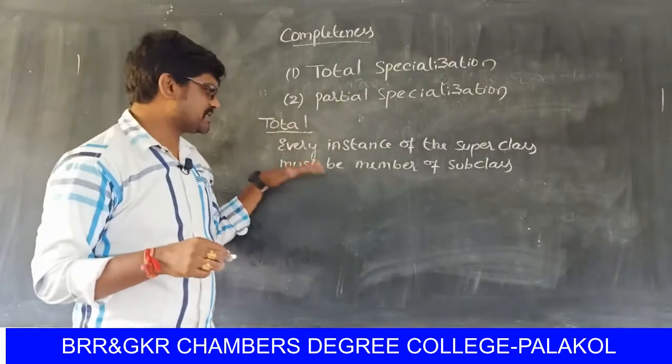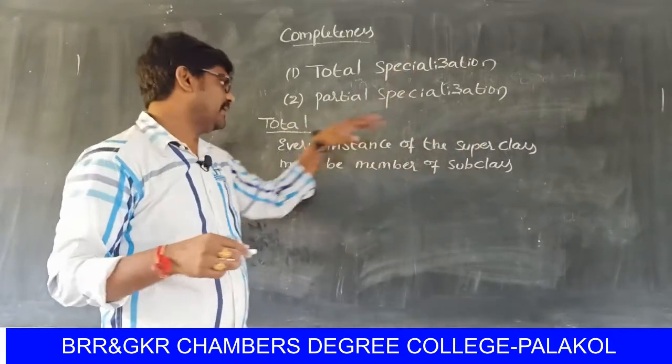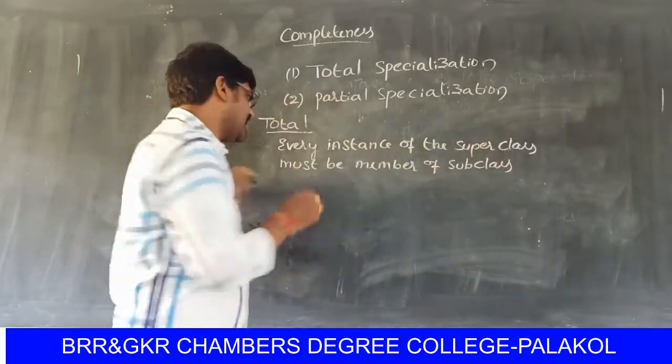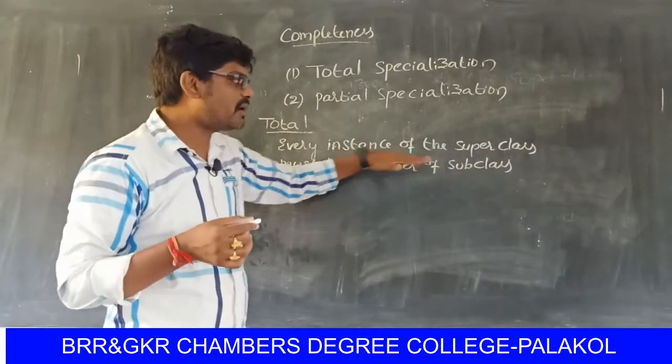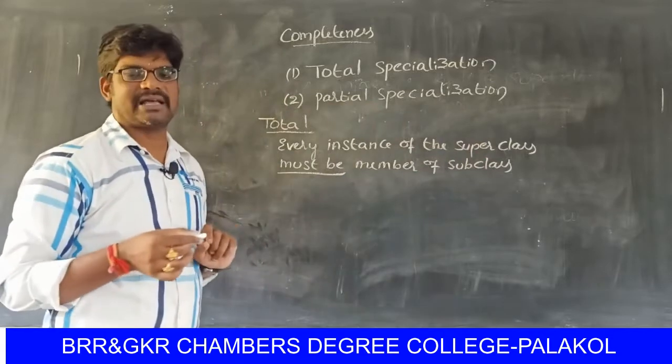Must and should. It must be a member of at least one of the subclasses. Every instance of the superclass must be mandatory, a member of at least one subtype or subclass.